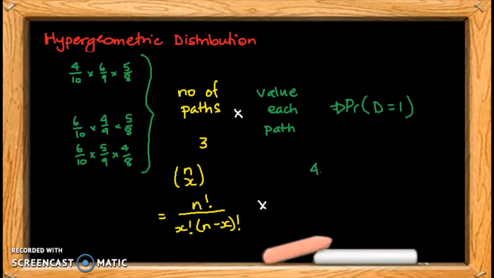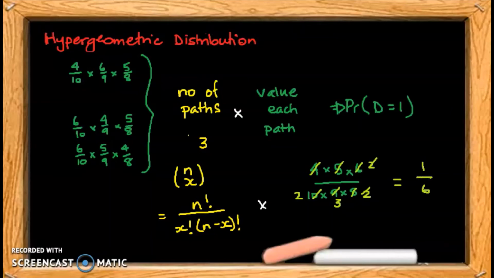And don't forget, we're going to have a fair bit of cancelling. So it's easier if you keep your probabilities in fractions. We know in the numerator we've got 4 times 5 times 6. And in the denominator we've got 10 times 9 times 8. And we're going to get our cancelling pen out and go to work. And we find that this equals 1 over 6.